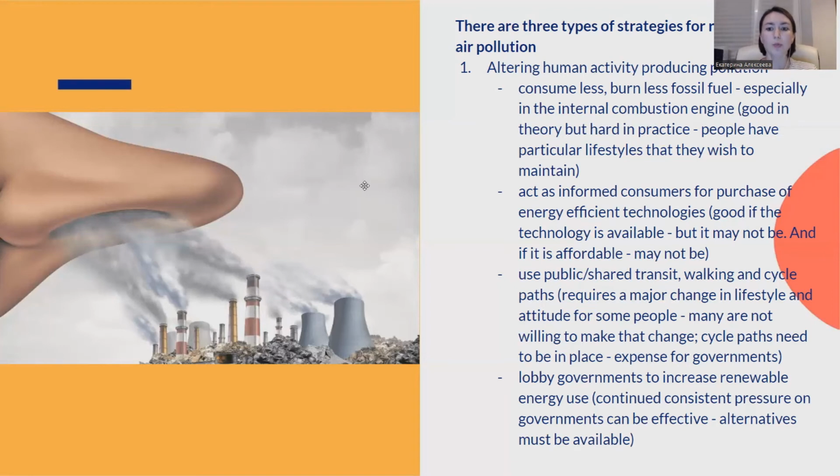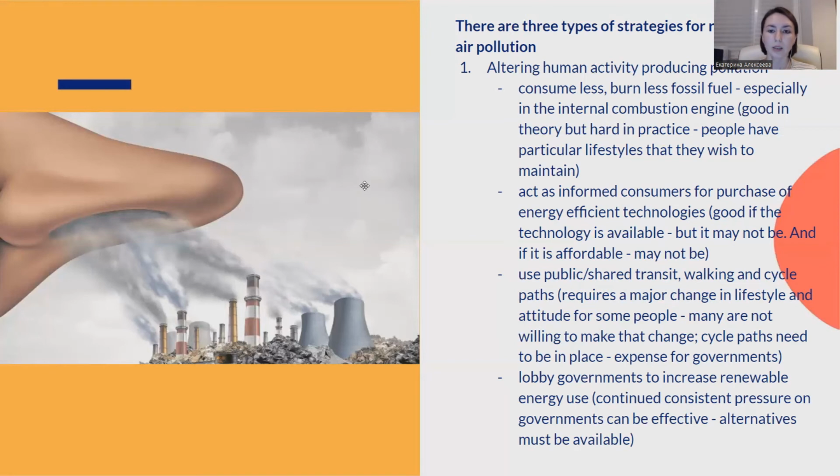Also, we can use public or shared transport. We can walk, we can go by bicycle. Sometimes it is not convenient for us, and we need to choose what to do: go by bus or go by bicycle or use our car to go to our work or something else.